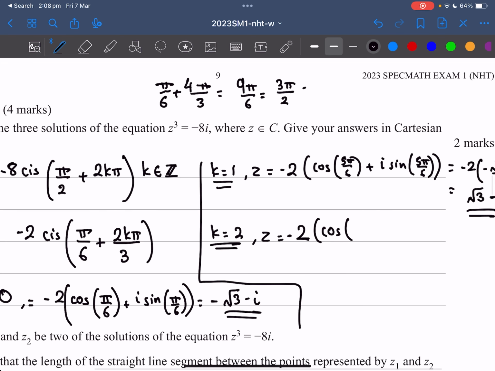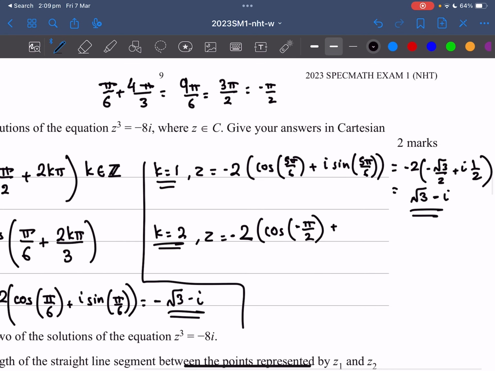Or we can express this as minus pi on 2, because that is outside the argument domain. So cosine of minus pi on 2 plus i sine of minus pi on 2, right?